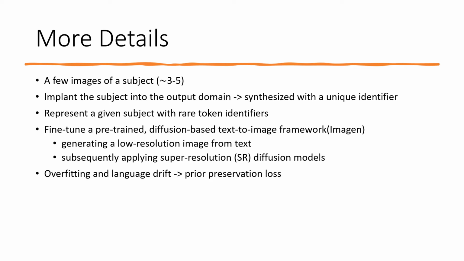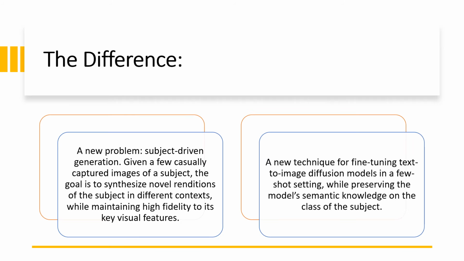By leveraging the semantic prior embedded in the model with a new autogenous class-specific prior preservation loss, their technique enables synthesizing the subject in diverse scenes, poses, views, and lighting conditions that do not appear in the reference images. Here are the suggested differences of this implementation.